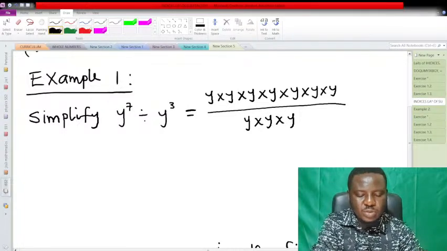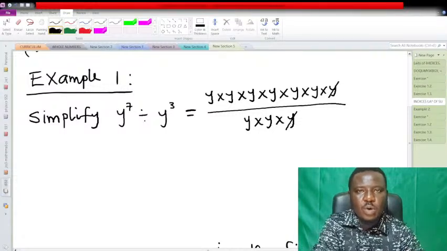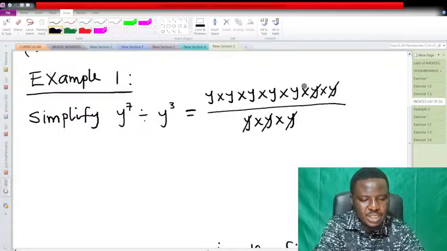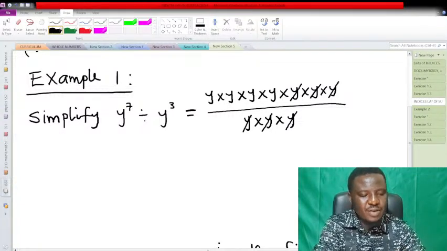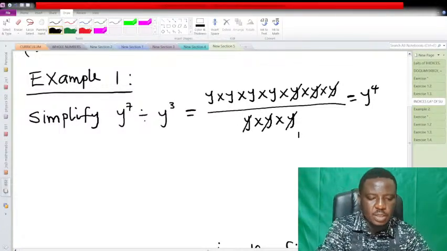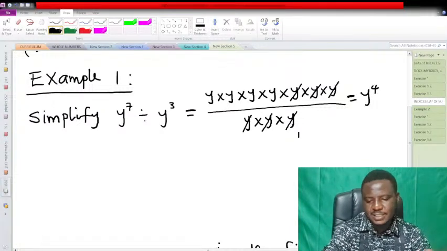Now, we are to divide. 1 y at the denominator will go with 1 at the numerator. Same thing with this and with this. Now, leaving us with 1, 2, 3, 4 y's, y raised to the power of 4. Of course, when you divide anything by 1, it gives you that same thing. So you arrive at this.